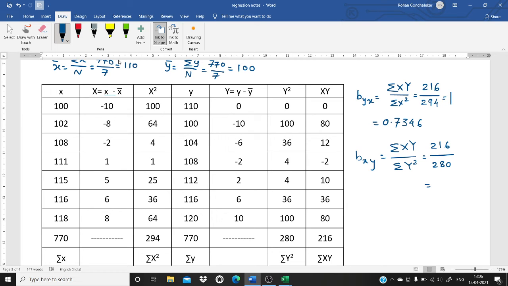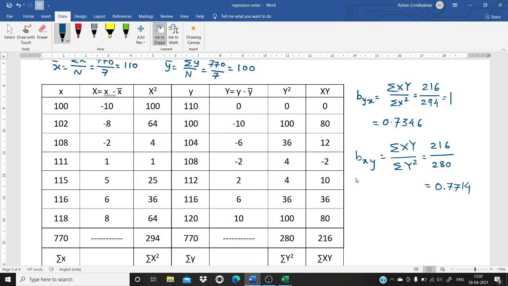Now get me the final value. 216 divided by 280. The final value is 0.7714. Is this okay? So we calculated the byx as well as the bxy.